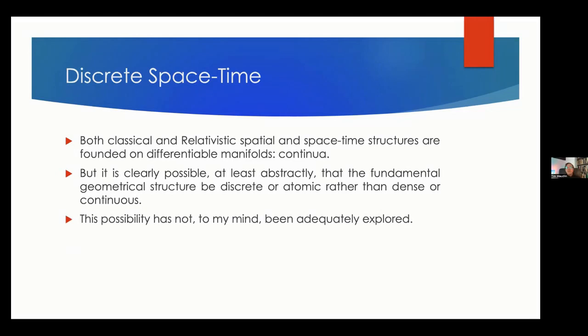But I don't think the discrete possibility has been explored enough. Certainly not since Newton, not since Galileo, not since essentially the beginnings of modern mathematical physics. Continua were always taken to be the structure of space and the structure of time.